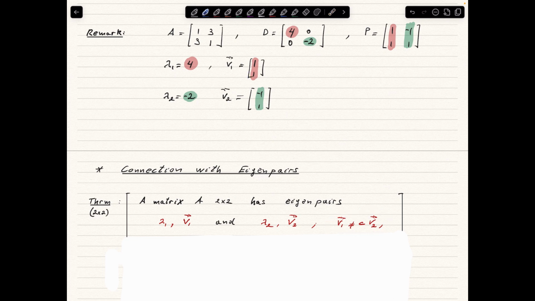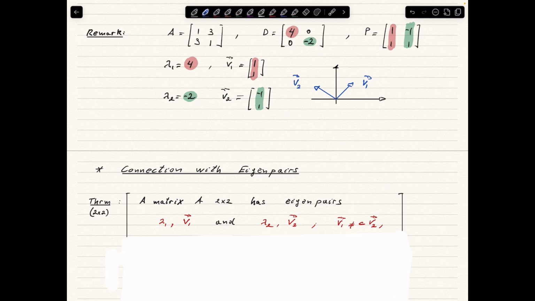If we draw the plane R2, the first eigenvector is the eigenvector 1, 1, so something like this, and the other eigenvector is something like that, v2.